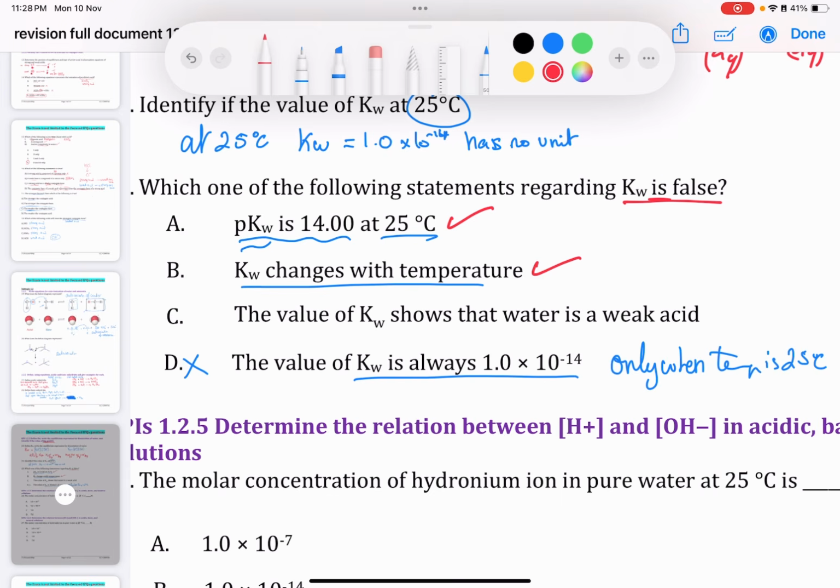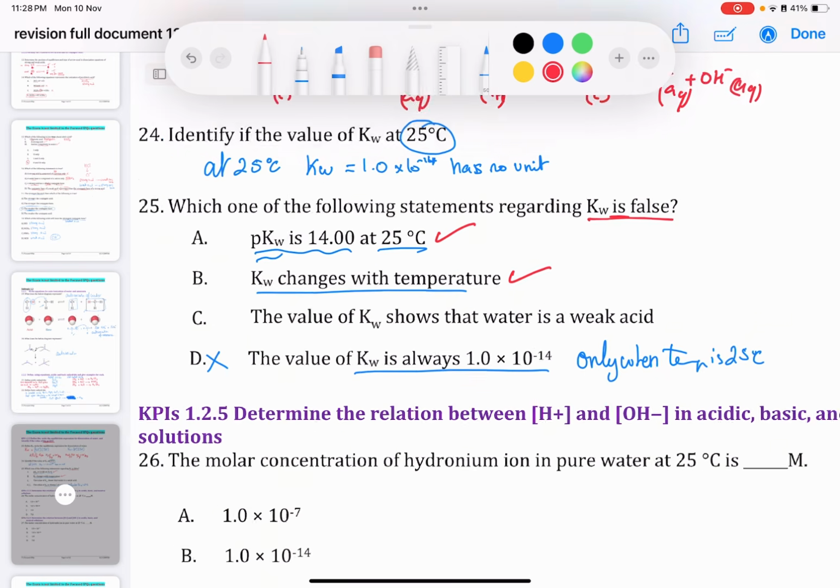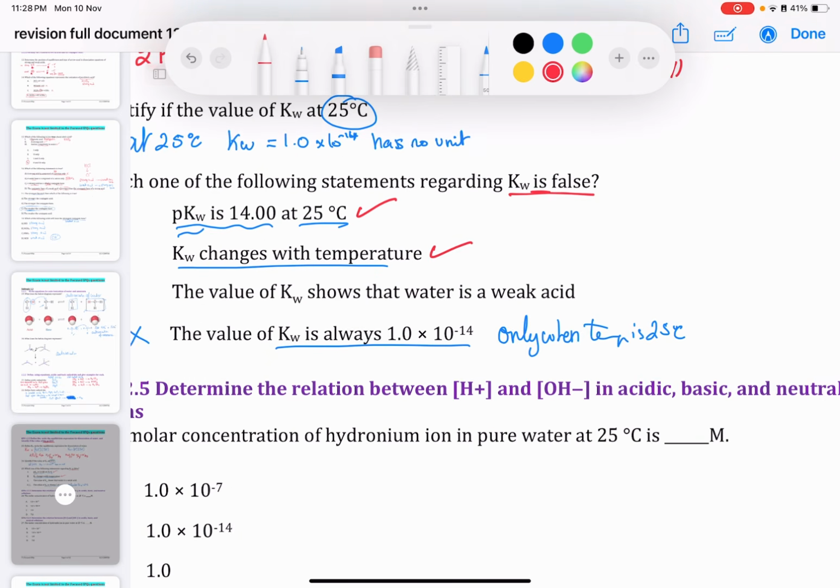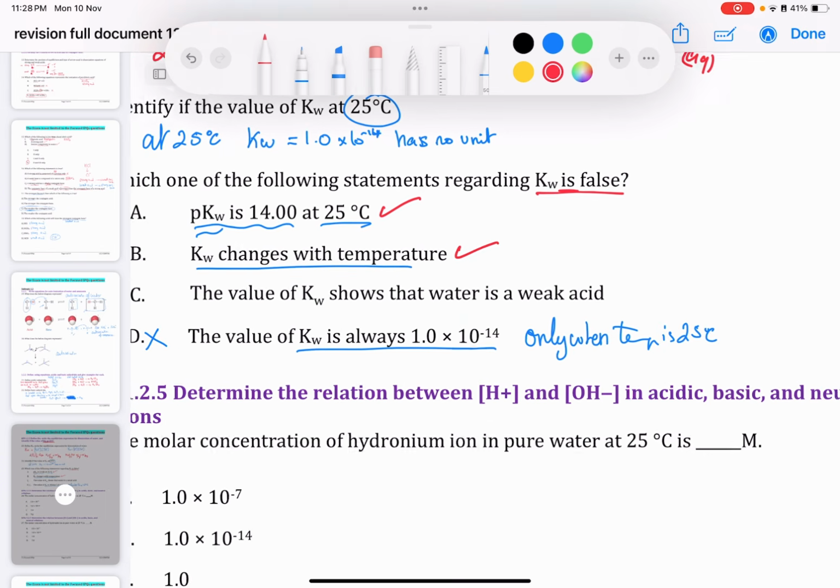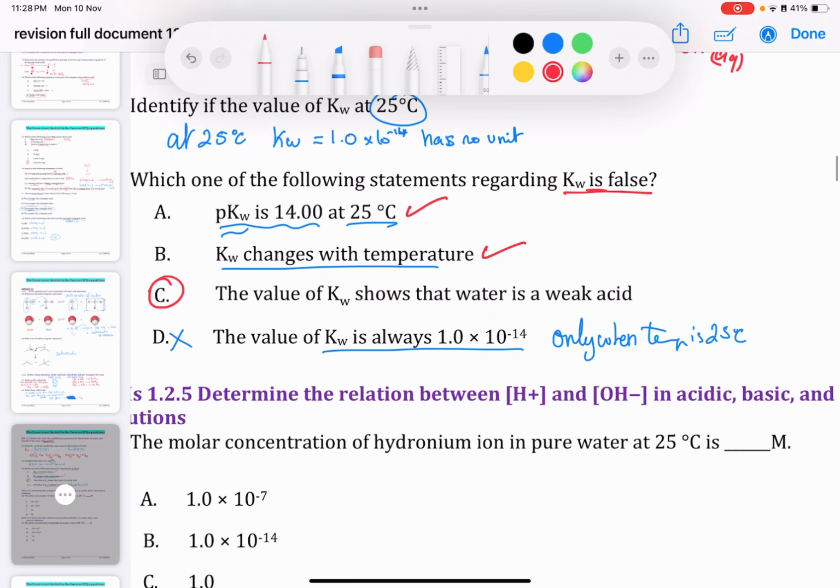The Kw shows that water is a weak acid. Actually, I think there's something incomplete in this question. I thought that D is wrong. I would say that D is incomplete. To be a correct statement, they must mention in the question that this value is at 25 degrees Celsius.